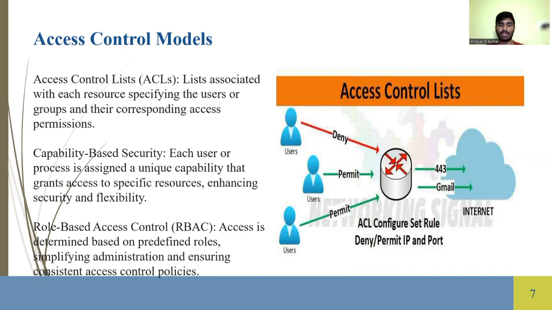Role based access control: access is determined based on predefined roles, simplifying administration and ensuring consistent access control policies. We can see the access control model depiction in the following picture.